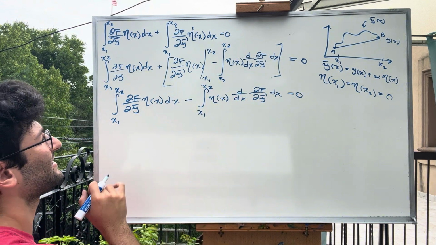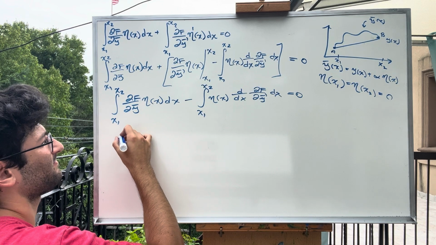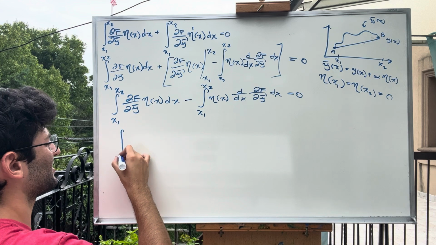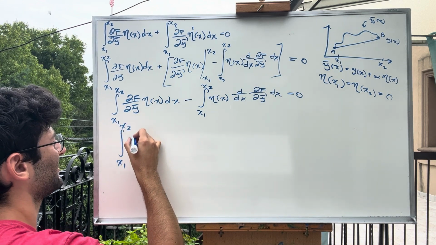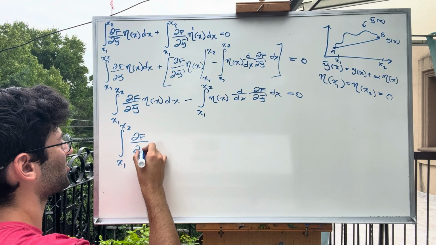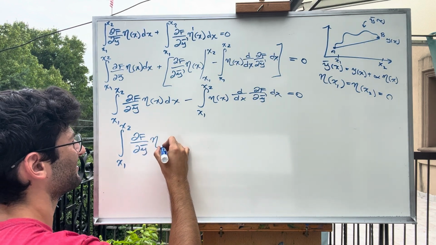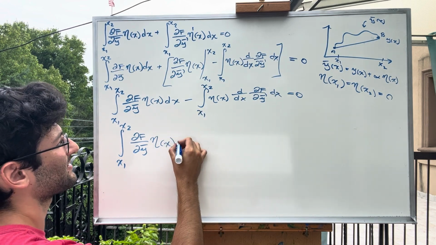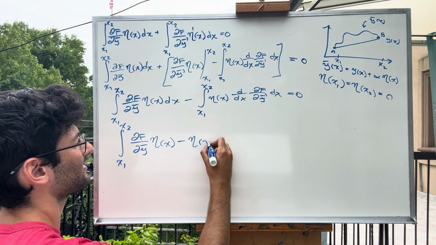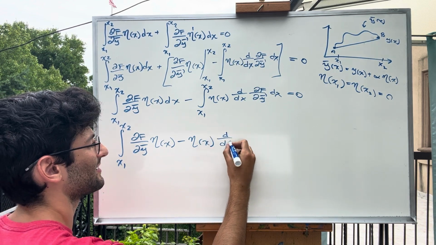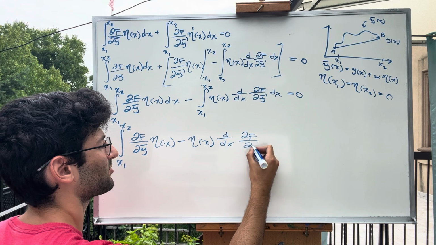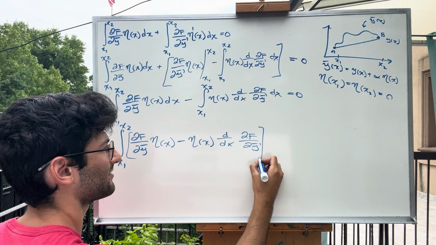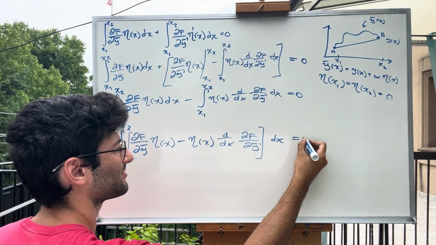Now we could go ahead and combine these into one integral, which we can write as the integral from x1 to x2 of partial f partial y bar eta of x minus eta of x d dx of partial f partial y bar prime dx equals 0.